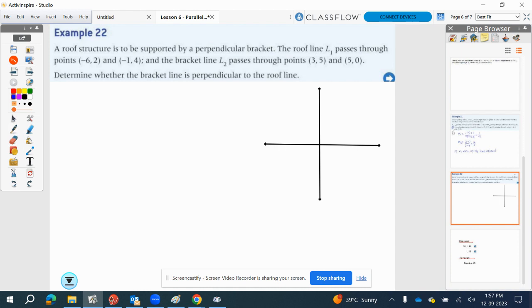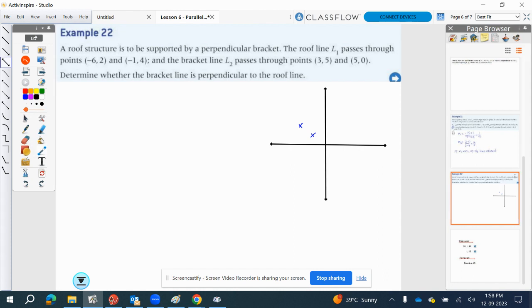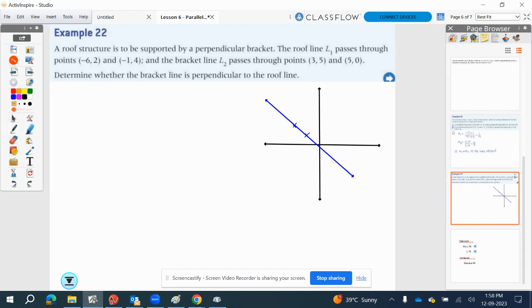So it passes through -6, 2, and it passes through -1, 4. So our first line looks like this. We then need to have the bracket line, L2, passes through these 2 sets of points.